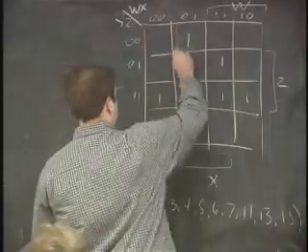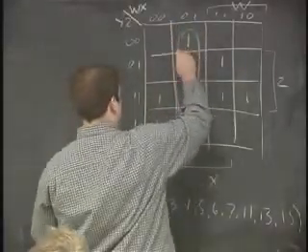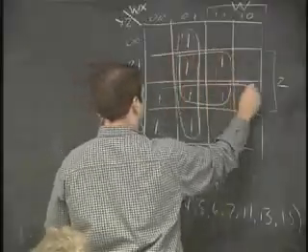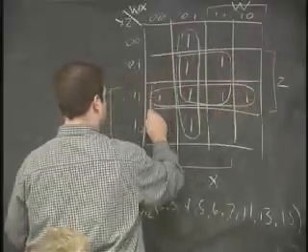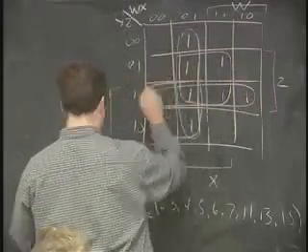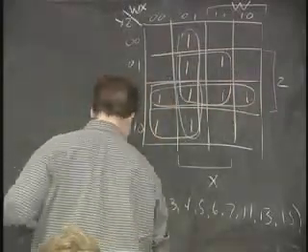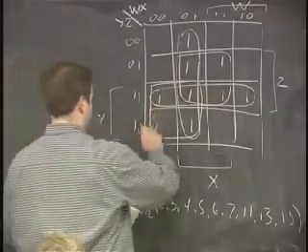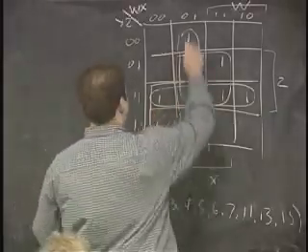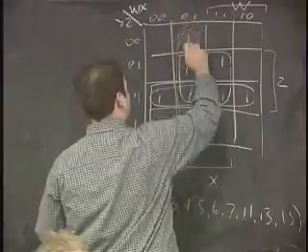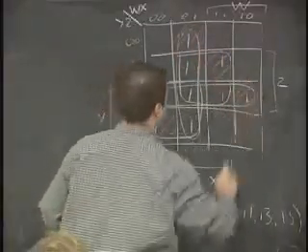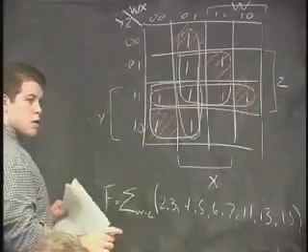So just follow along. Okay. So now we find our distinguished one cells.